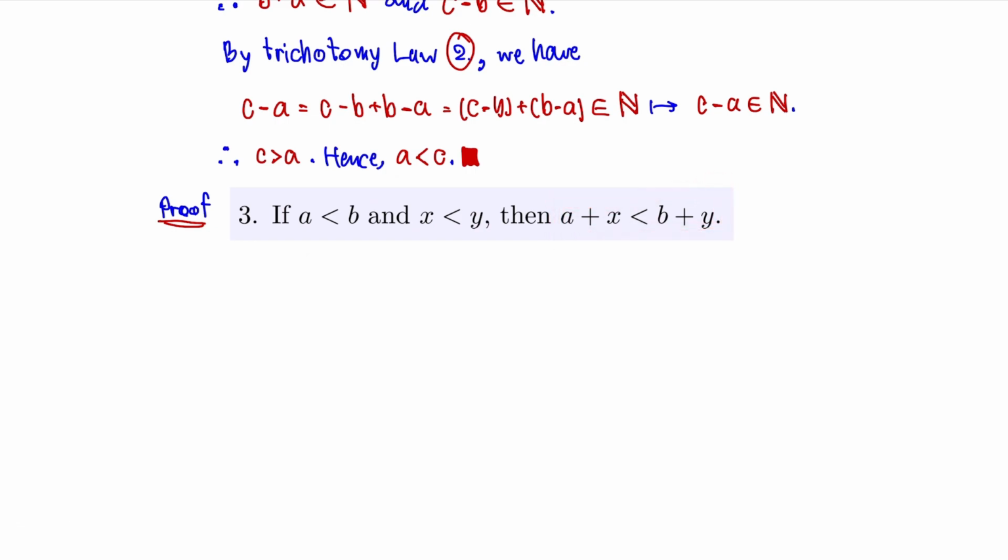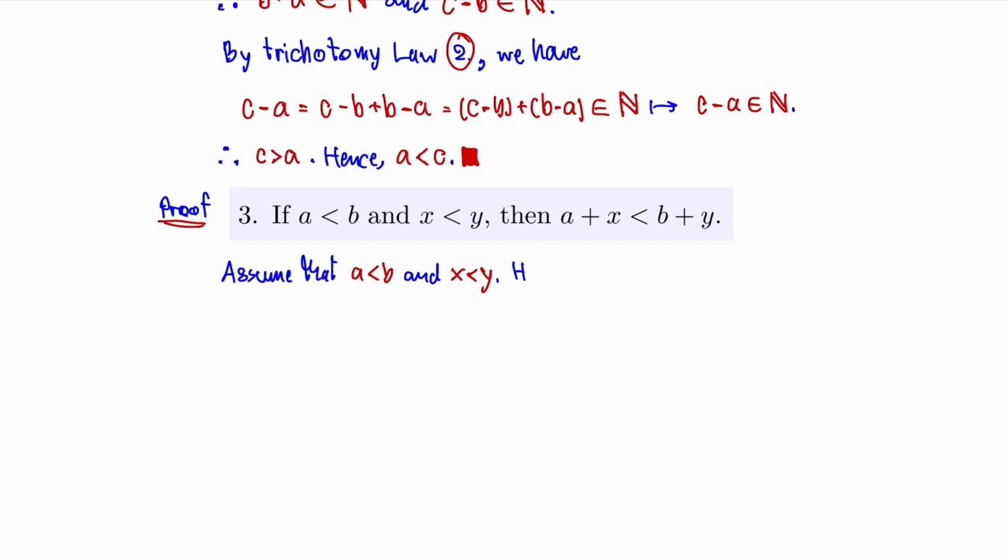So we assume that A is less than B and X is less than Y. Then what do we have?